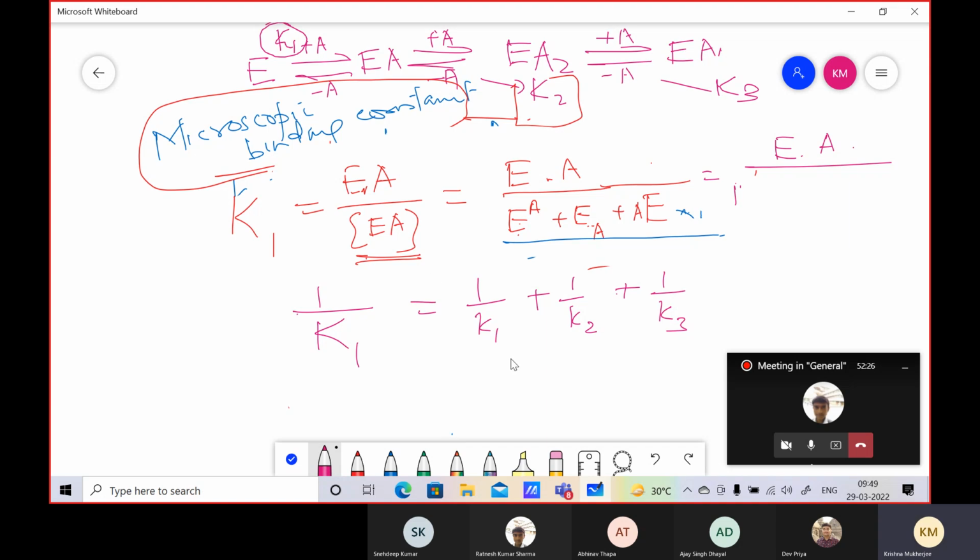And obviously, if the microscopic binding parameters were all constant, if k1 is equal to k2 is equal to k3, then what do we have? If they are all equal, then this will be 3 by small k, because they are all equal to k.